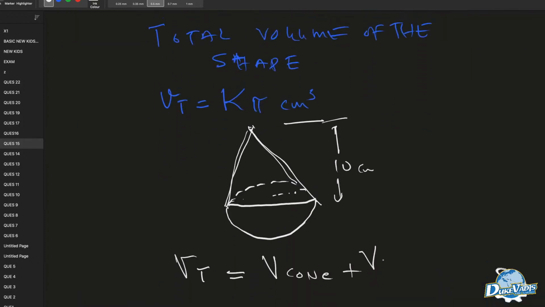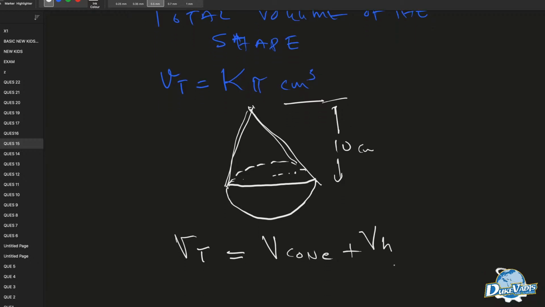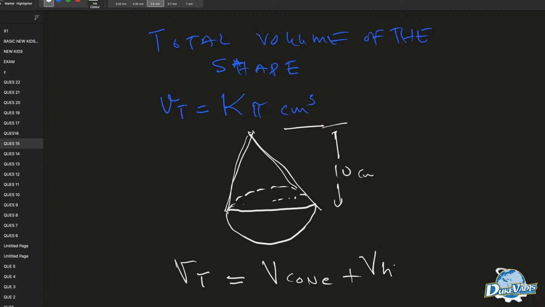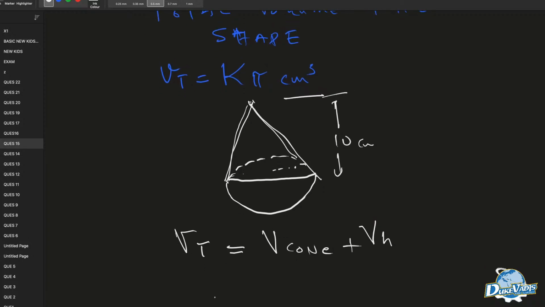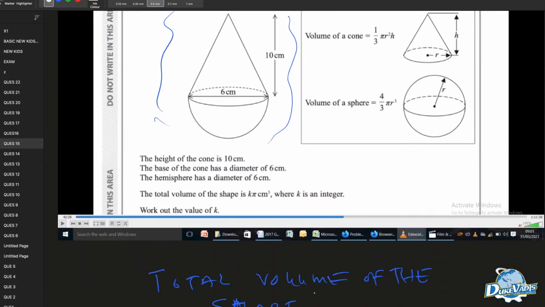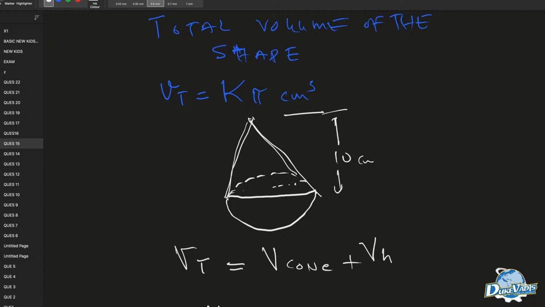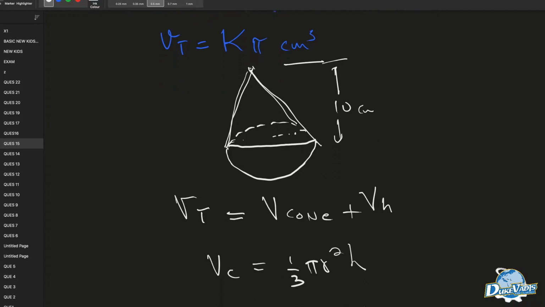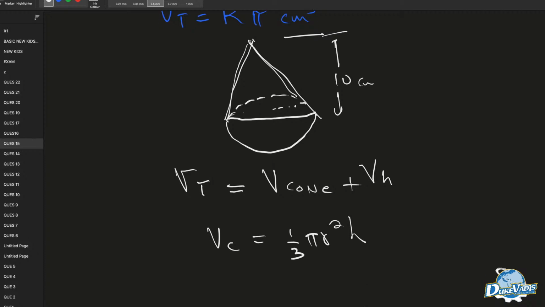The volume of the hemisphere, I'll call it VH. The volume of the cone, VC, we've been given a formula to be 1/3 pi r squared h. So we must be able to calculate the volume of the cone.